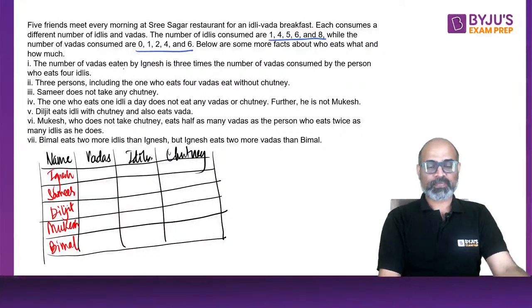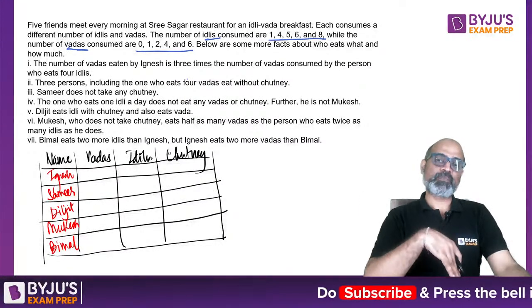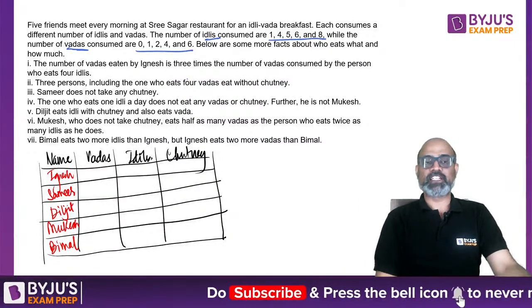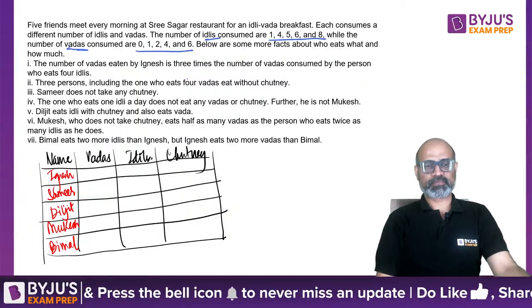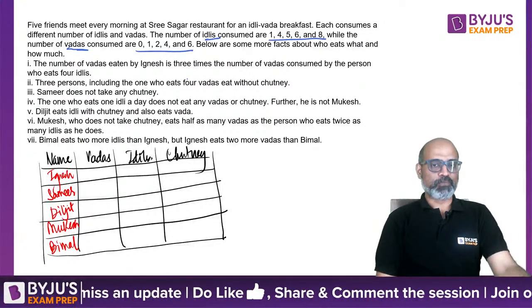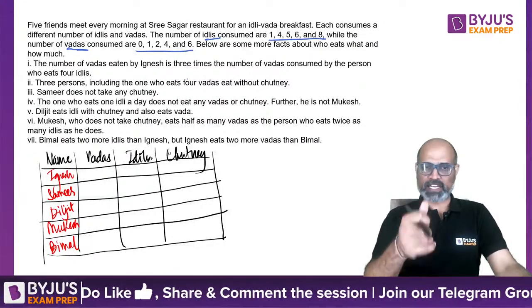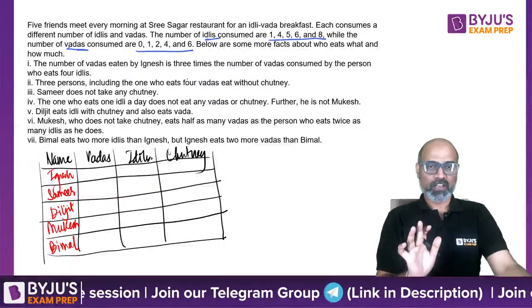The number of vadas eaten by Ignesh is 3 times the number of vadas consumed by the person who eats 4 idlis. Can we figure out something from here? We don't know what to put, as Ignesh is compared with whom we have no idea.